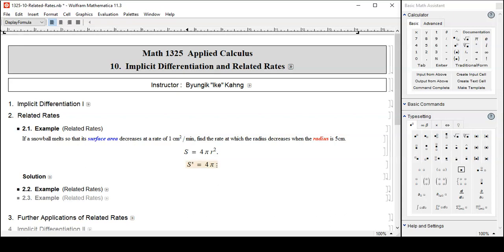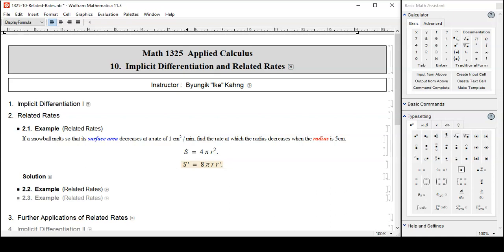And then what's the derivative of r squared? 2r, but r prime pops up. Maybe we can simplify this a little bit further. 2 times 4 is 8 pi r prime.